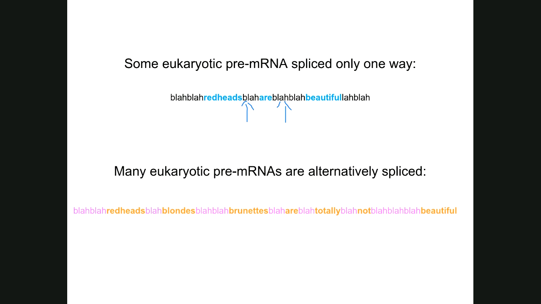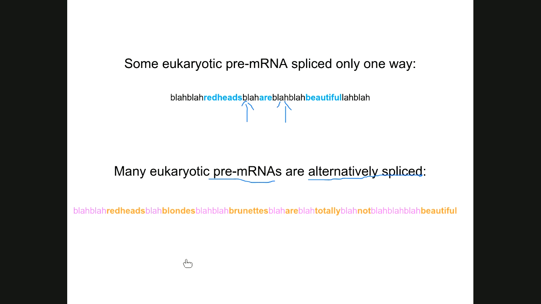But what they found out is that sometimes it's not that simple. Somehow, some way, the cell knows that sometimes the genetic information stored at the level of DNA, when it is transcribed into pre-mRNA, the cell can actually alternatively splice that pre-mRNA.